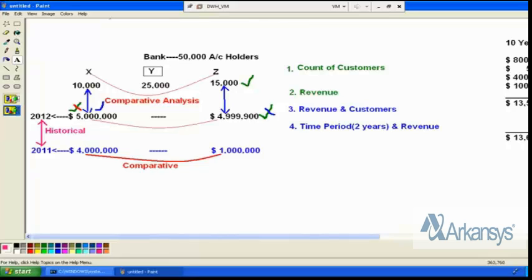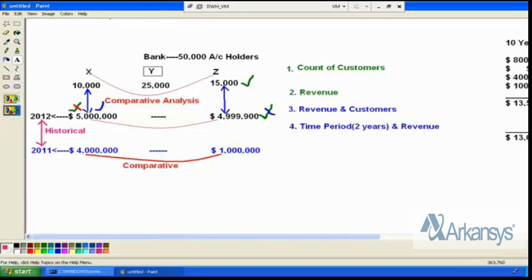So with two fields at a time also, X is the best place. And if you take time period and the revenue, in 2012 5 million, in 2011 4 million, that means the difference is less. We can say that consistency is there. The business is maintained in the same way, isn't it?